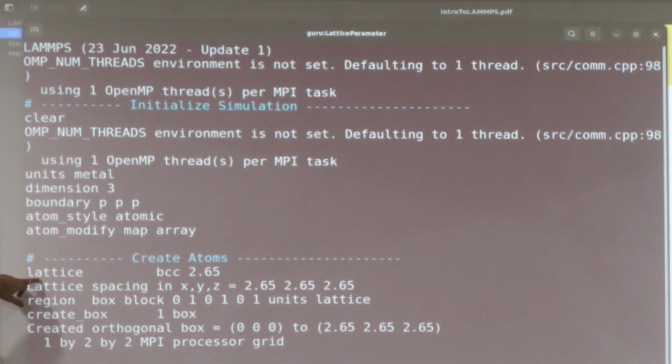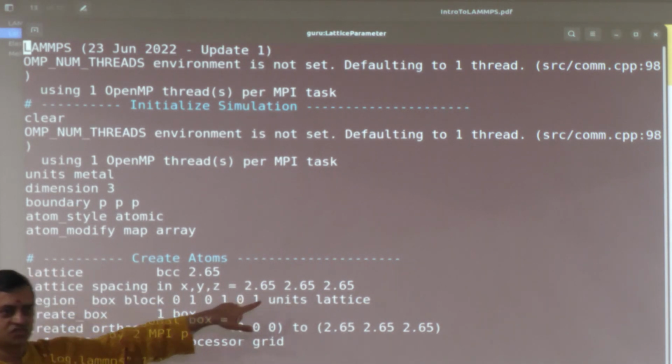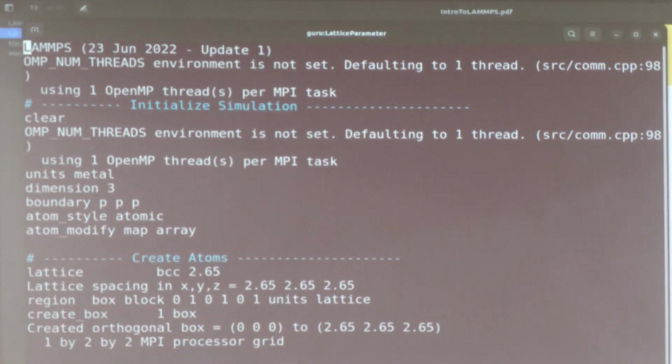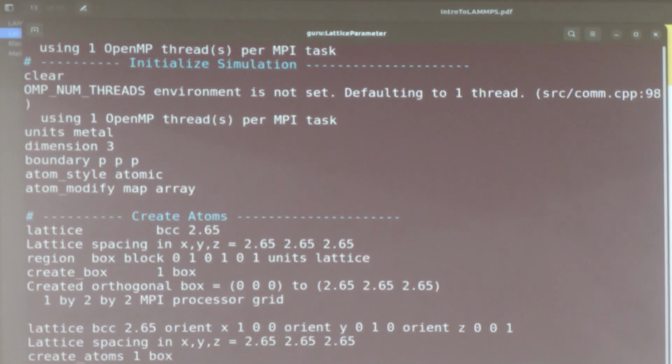It starts with this lattice, and you can see there is also some extra information it is putting. Did I give this lattice spacing in x, y, z as this? That is added by the program. Because it is 3D and this is the lattice parameter and it is cubic, it puts that.